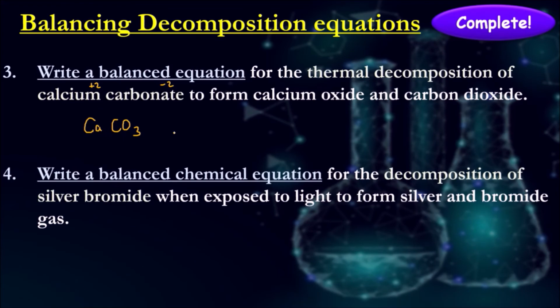This is what we get. They decompose into calcium oxide. Calcium oxide is CaO. Again, calcium here is 2+, oxygen is 2-, so we don't have to do anything here. And carbon dioxide, CO2. So there we go, straightforward enough.